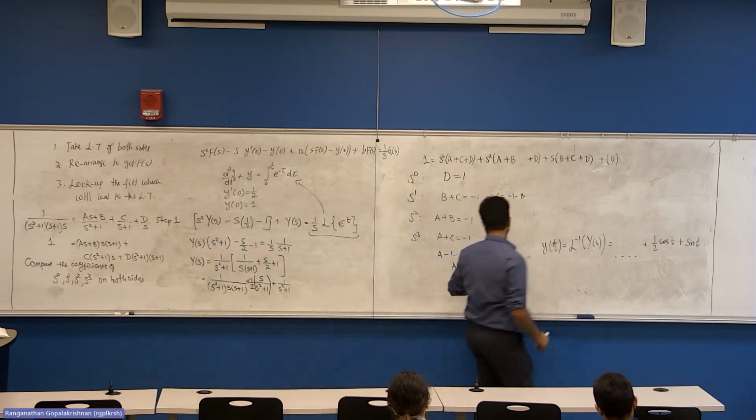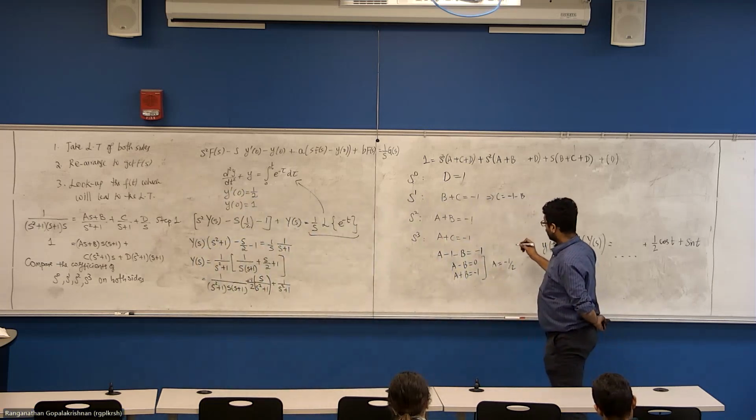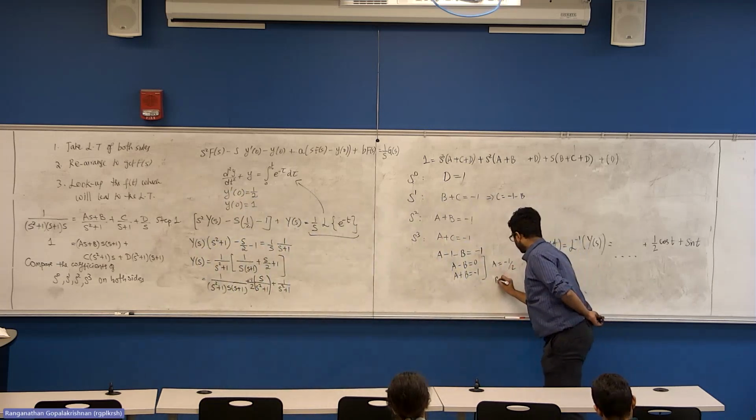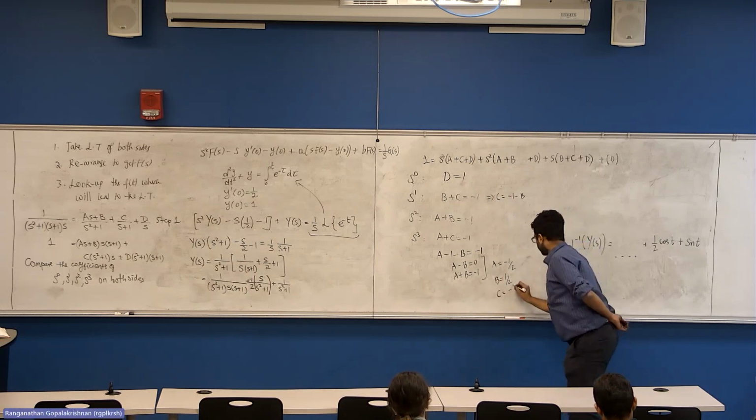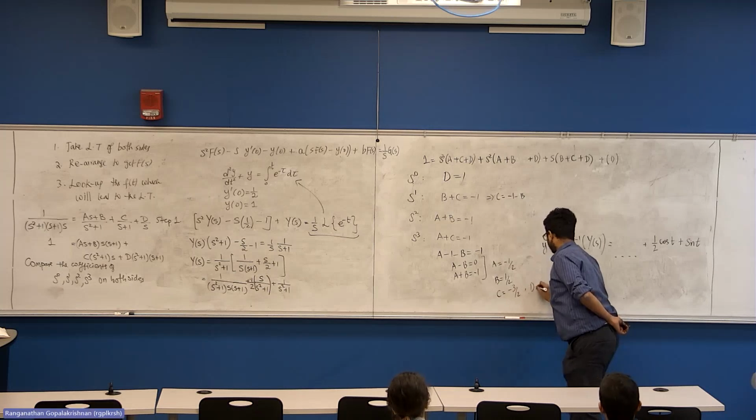So A equals -half, which implies B equal to half, which implies C equal to -3/2, and D is already 1.